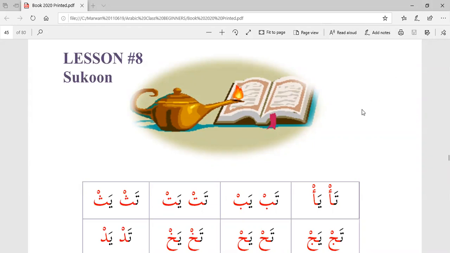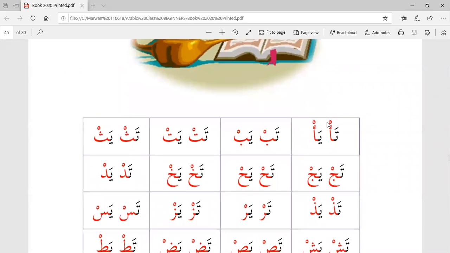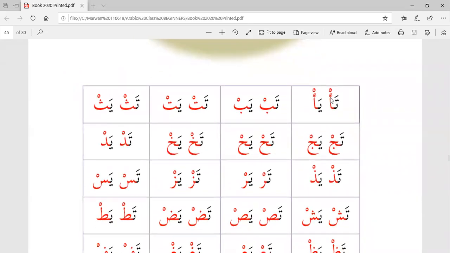Today we're going to talk about the fourth accent, which is the Sukoon. Before I talk about it, I want to mention something quick. The way Arabs currently write, this Sukoon, which is a circle, is the silent accent.